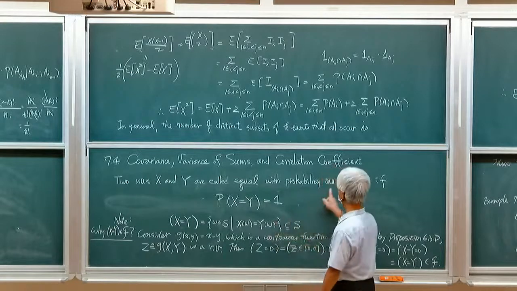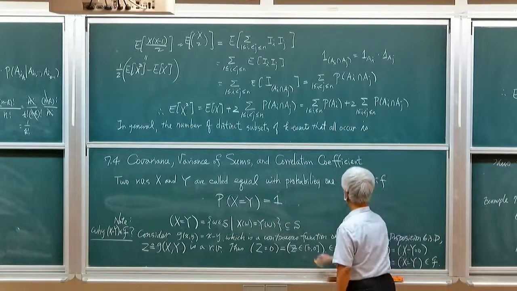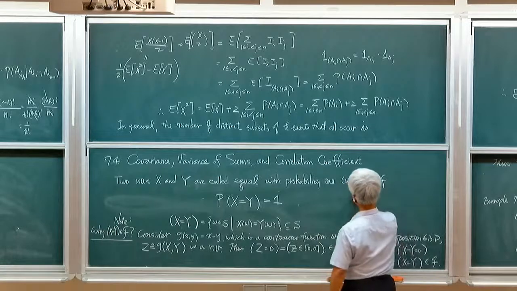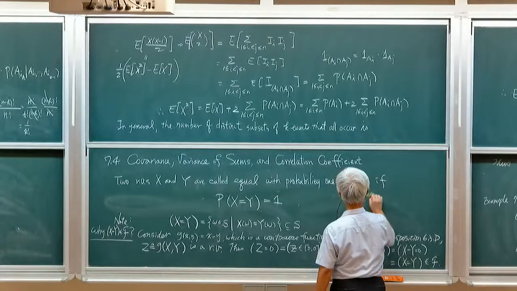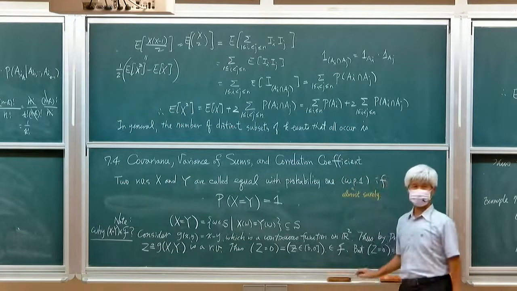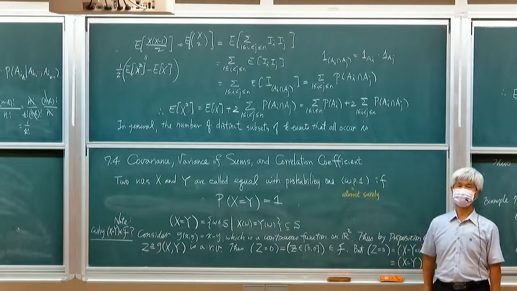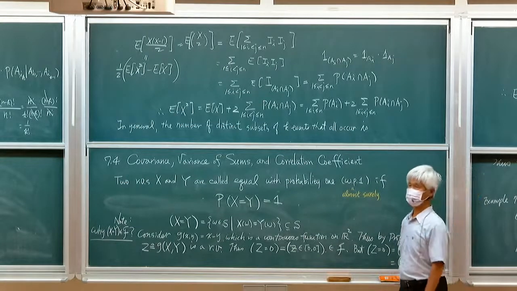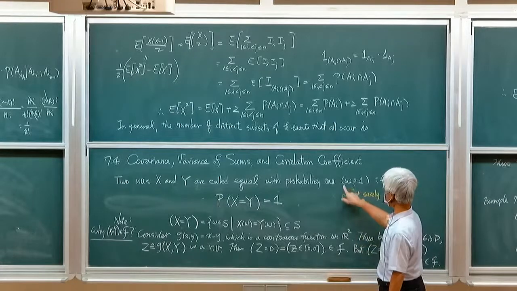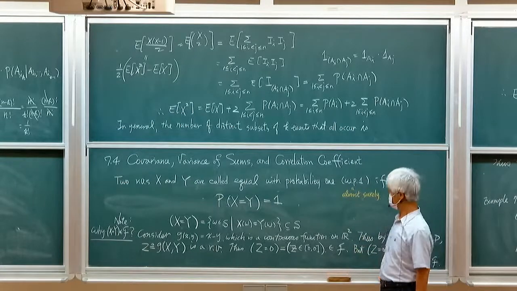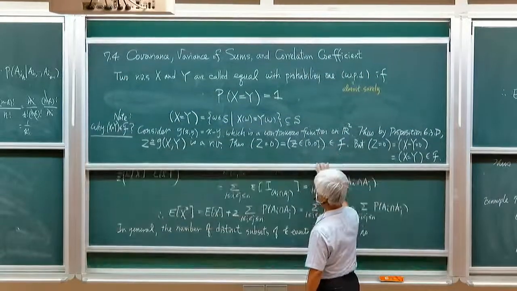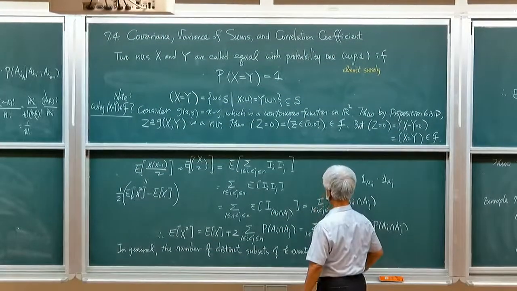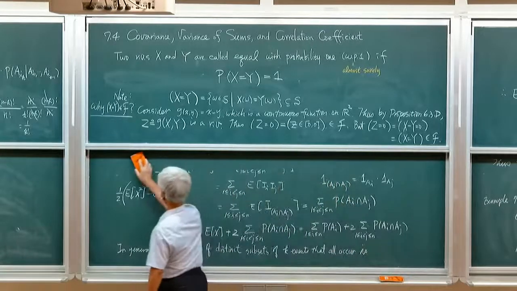So sometimes when we say with probability 1, another way is almost surely. In other words, almost surely is the same as with probability 1. So this is a concept for equality of two random variables with probability 1.